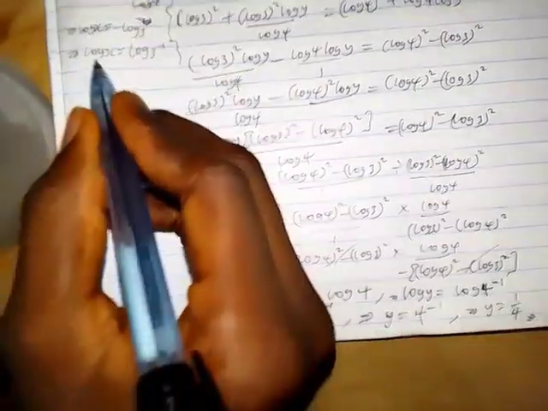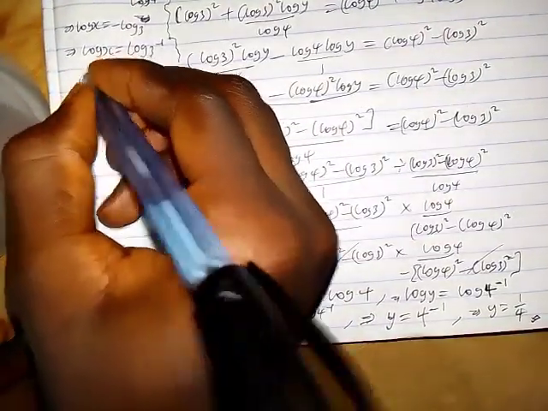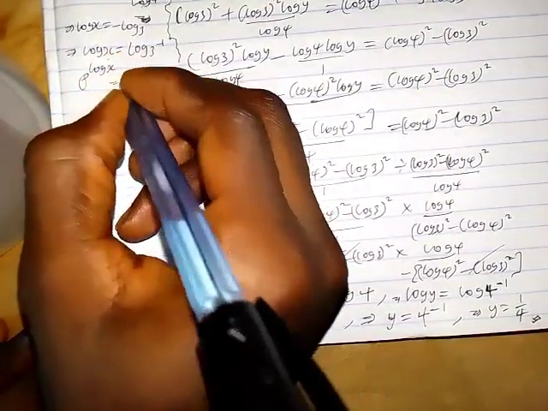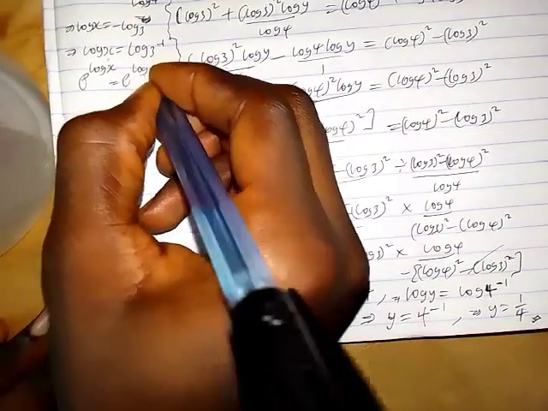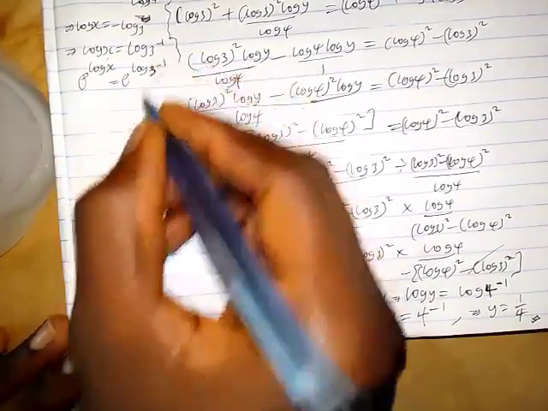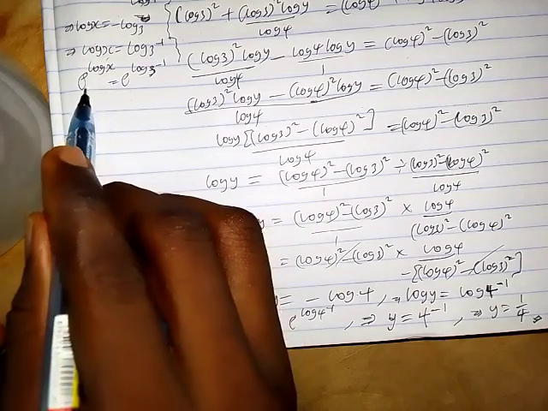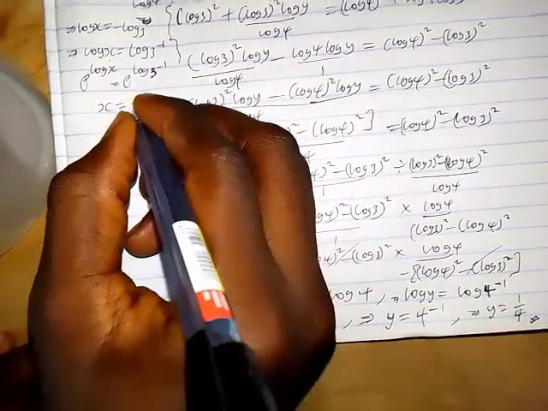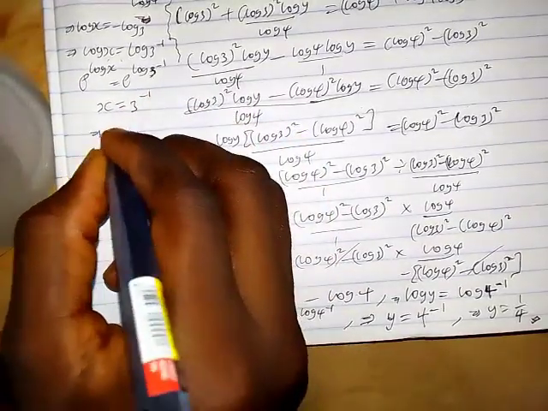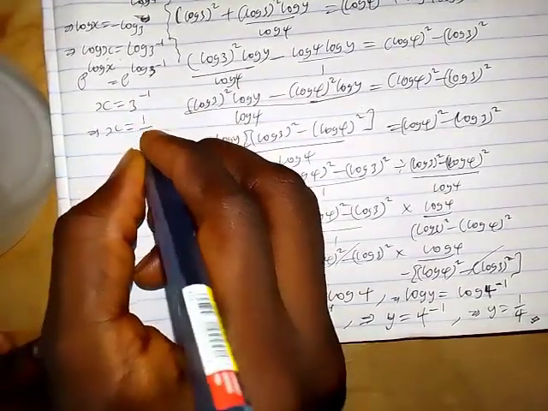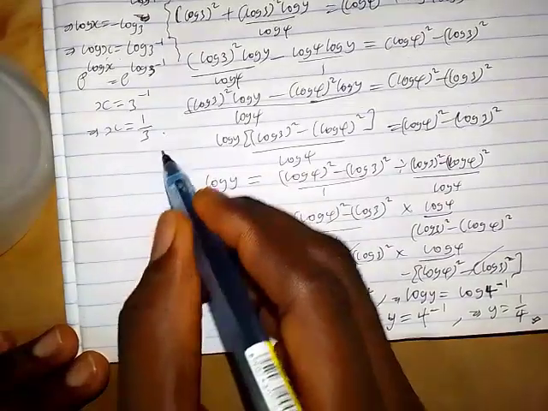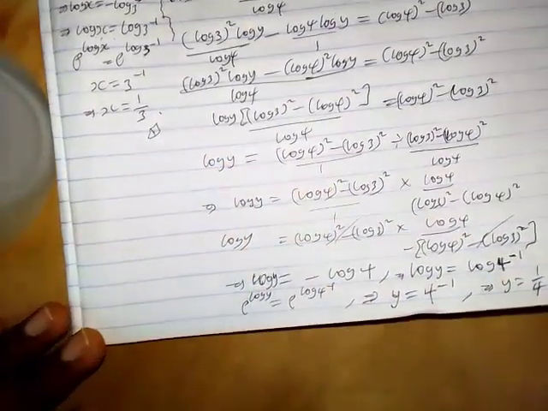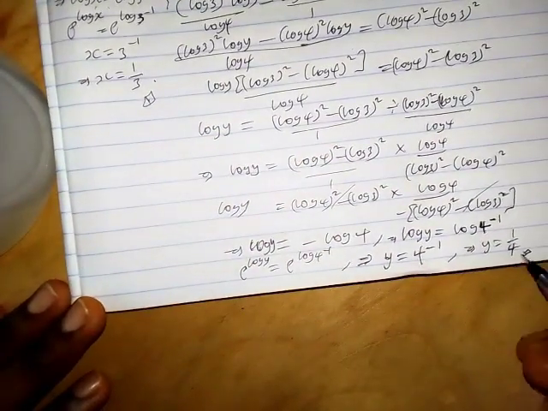Now we take the exponential of both sides: exponential of log x equals exponential of log 3 raised to power minus 1, and the exponential of log acts as an identity. For that, x equals 3 raised to power minus 1, so x equals 1 over 3. This is the value of x that is required, and y equals 1 over 4. So that's it.